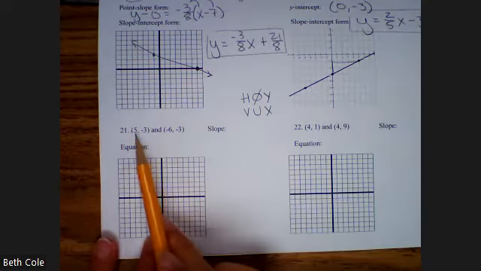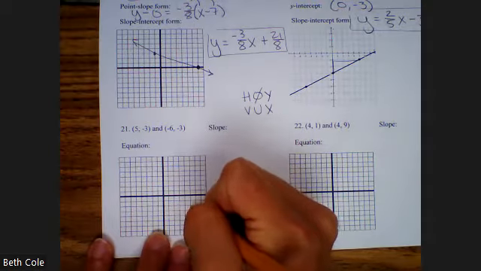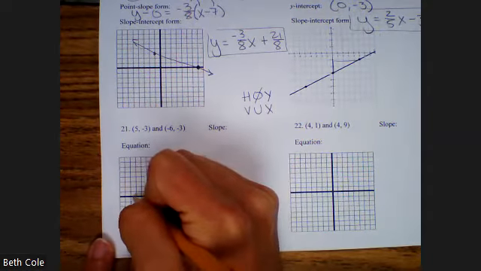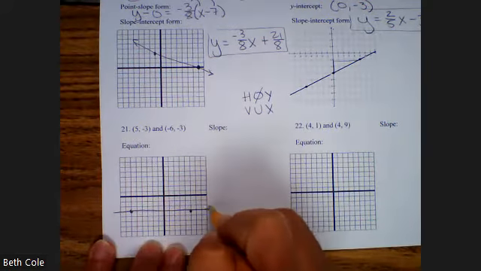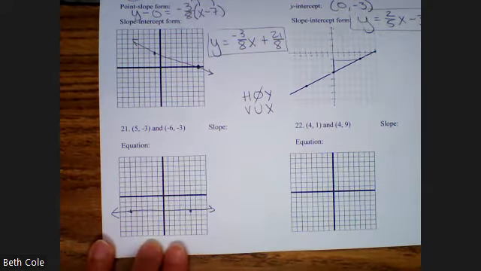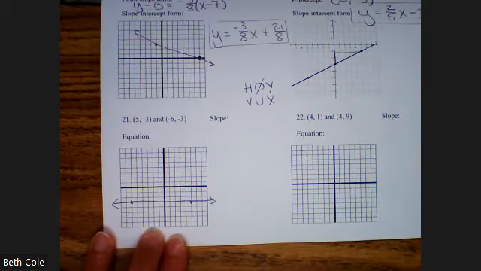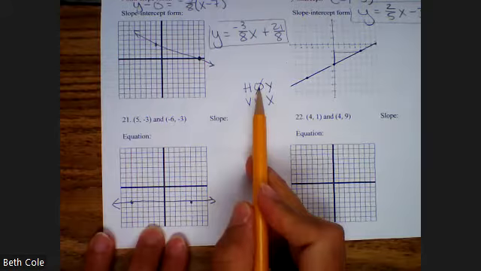All right, so when you plot these, (5, -3) and then (-6, -3), and connect them, what kind of a line do you get? Horizontal, good, like the horizon. So what's the slope for a horizontal line? 0?